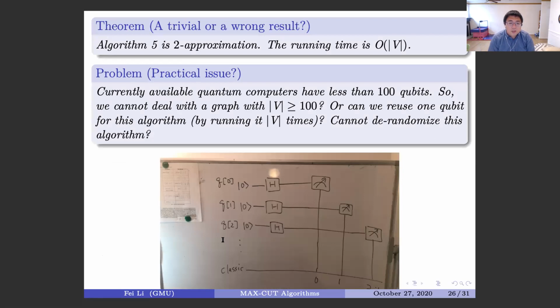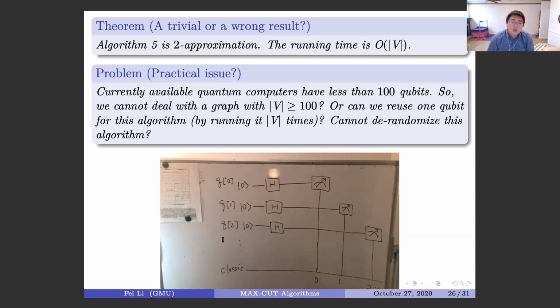But when I read the textbook, I realized that maybe this is not a good way, since if the graph has more than 100 qubits, then you couldn't implement the algorithm on current quantum computers, based on the constraint that you cannot have more than 100 qubits. Instead, could we reuse the qubits by running the algorithm multiple times?